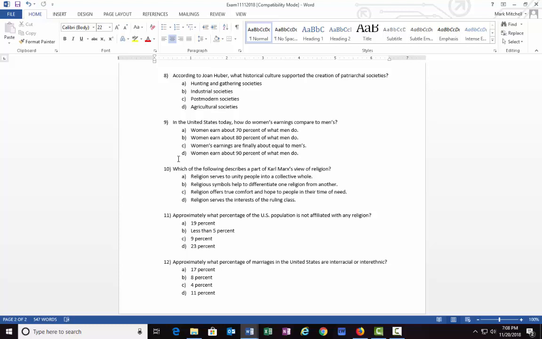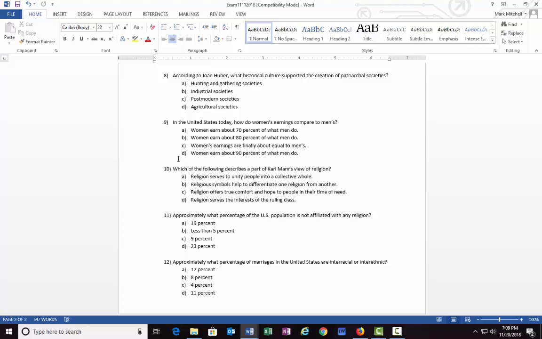But here in number 11, the answer is, believe it or not, D, 23%. So a lot of people today just don't have, or don't state that they have, a specific religion. Maybe that's a big change from the past history of the United States. So who knows what's looming in the future.